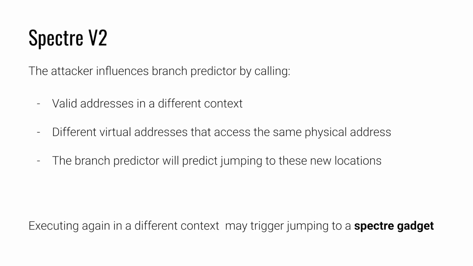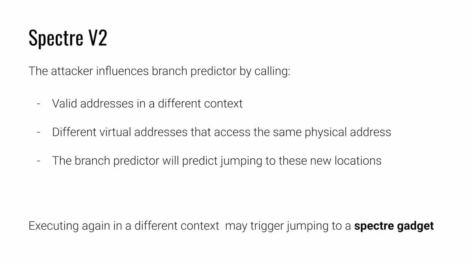An example of this is two virtual addresses that map to the same physical underlying address. It shouldn't matter from an execution standpoint whether or not the instructions are accessed via one virtual address or another. The branch predictor will pick up on these new jump targets and begin to predict the new locations.